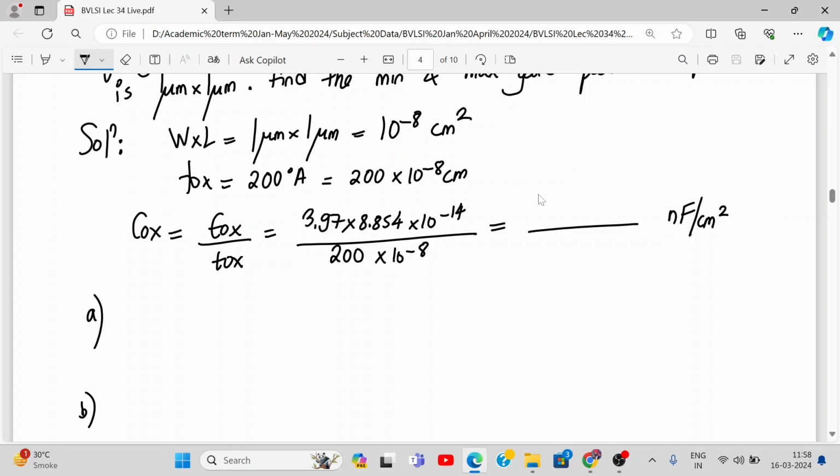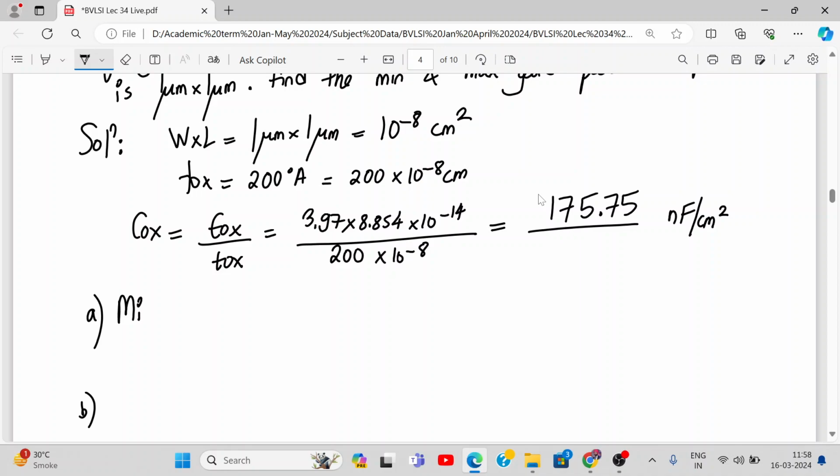It is 175.75 nanofarad per centimeter square. That's correct.